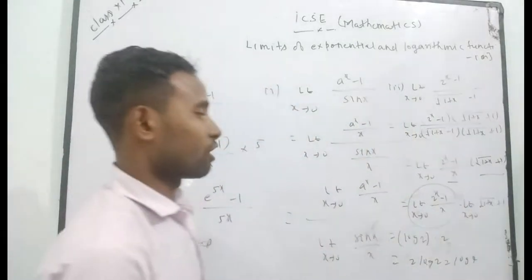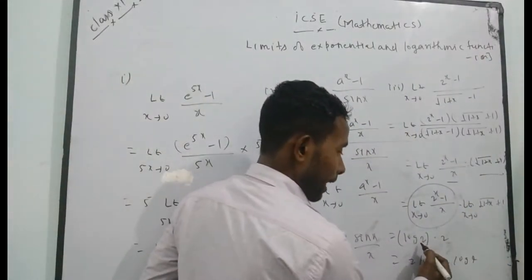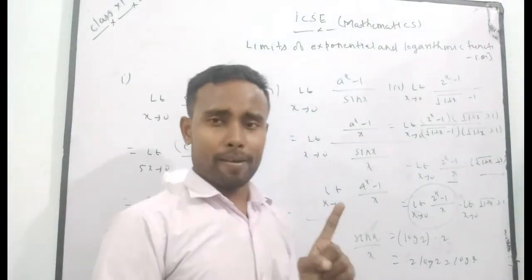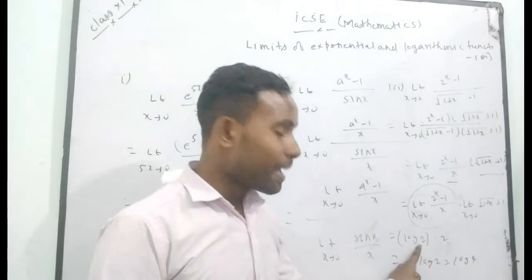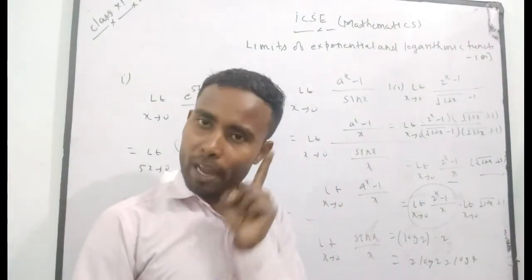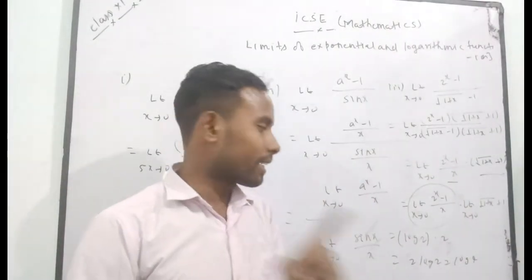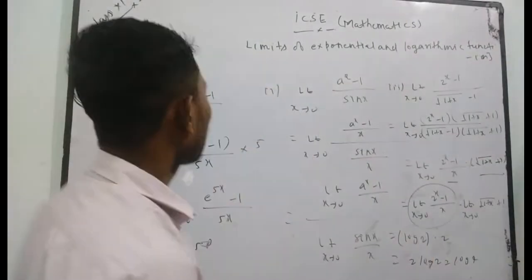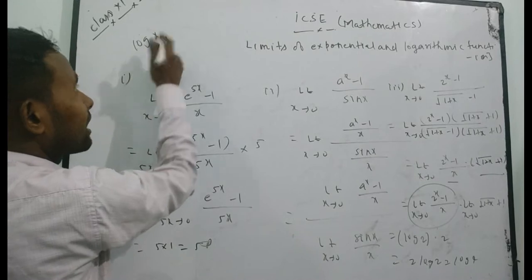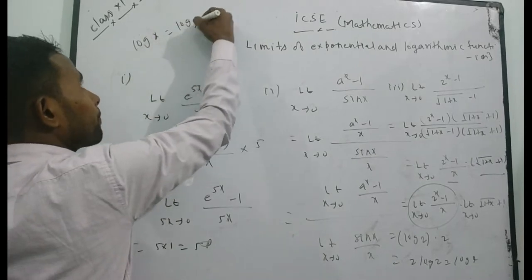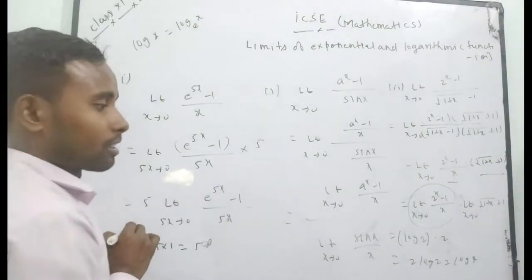I want to again tell you, if there is no mention of the base of the logarithm, then you have to always consider there is an e. I want to again write log x. In that case there is nothing written for the base, so you have to consider there is an e.